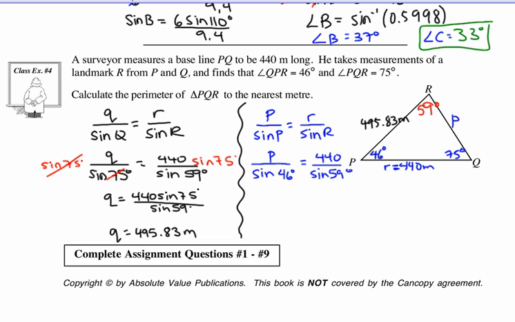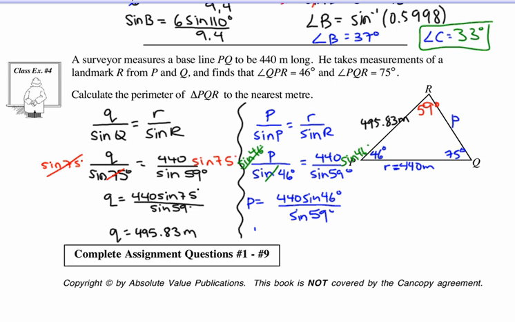One more time, we're looking for p. It's being divided by sine 46, so we're going to multiply both sides by sine 46. These cancel, and this is what we're going to type in our calculator: 440 times sine 46 divided by sine 59.